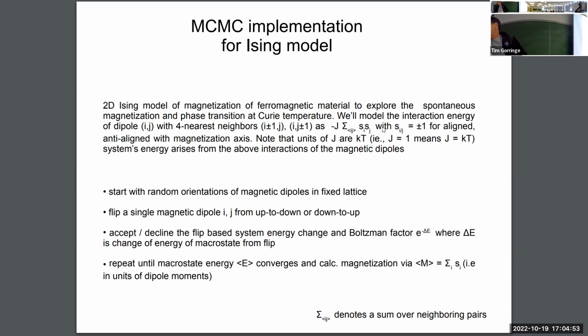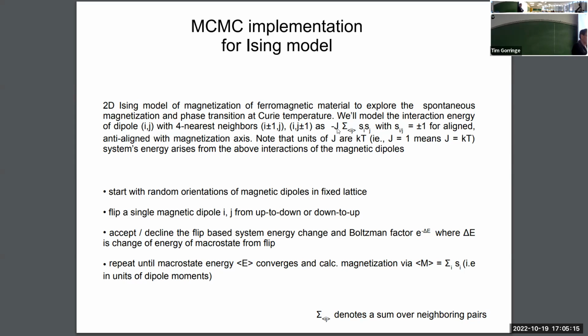One thing about this is simple to write down. If I think of J being measured in units of kT, then if J is 1, the interaction energy J equals kT, the thermal energy.